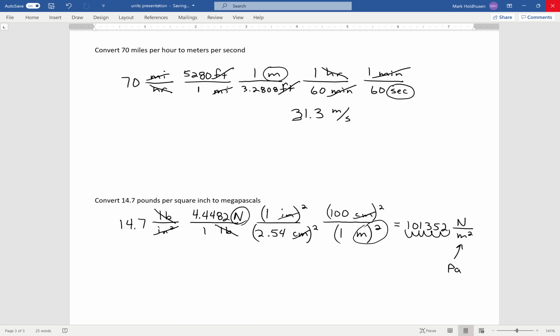So it's 10 to the minus 6 on this. So it'll go 0.101352 megapascals. So that's how we deal with converting square values, as well as dealing with prefixes going from meters to centimeters and pascals to megapascals and things of that nature.